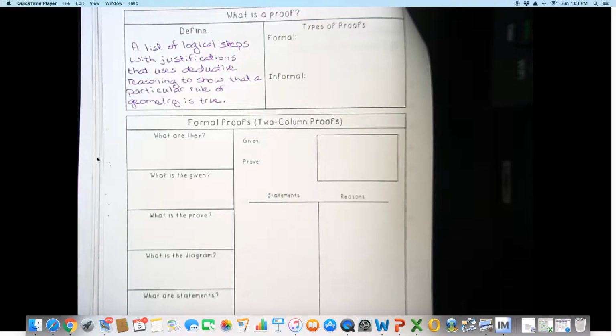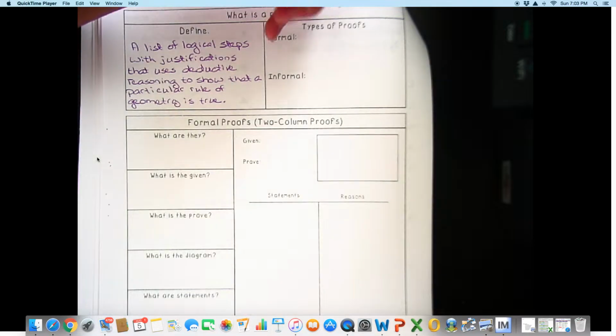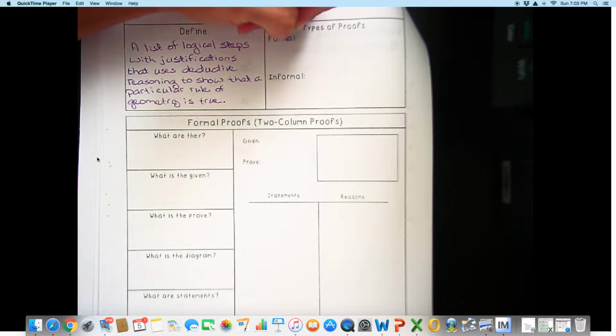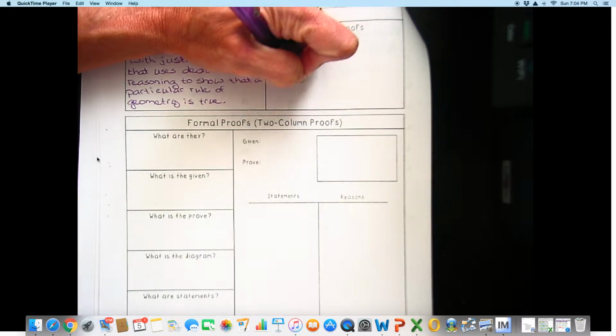All right, there are two types of proof. The one that I grew up doing and that I'm very familiar with is the two-column proof or the formal proof. So we have formal and we have informal proofs.